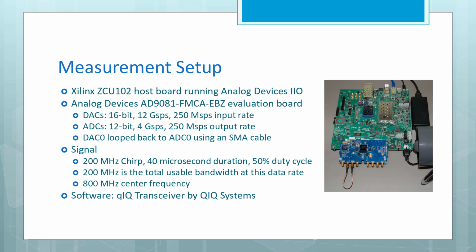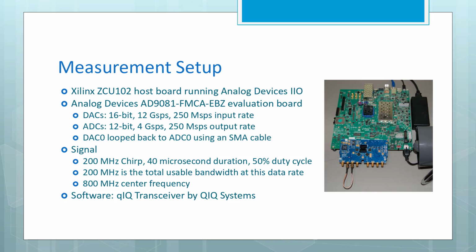The DACs on that board are 16-bit, 12 gigasample per second, and the input data rate is going to be 250 megasamples per second. On the ADC side, we've got 12-bit, 4 gigasample per second, and the output rate is 250 megasamples per second. We've got DAC 0 looped back to ADC 0 using an SMA cable.